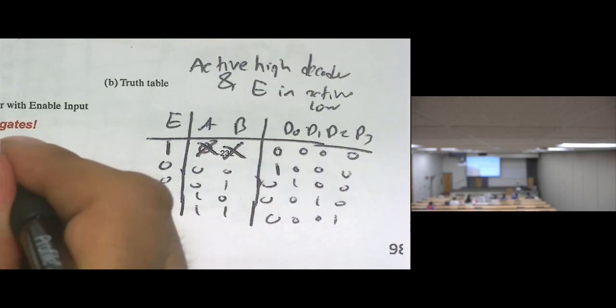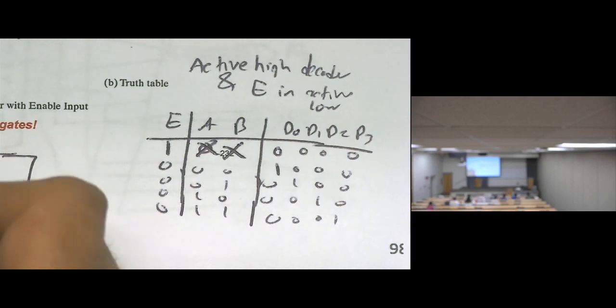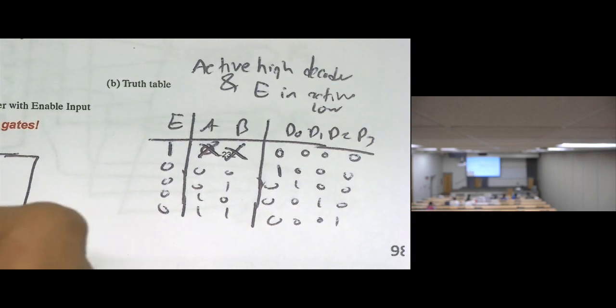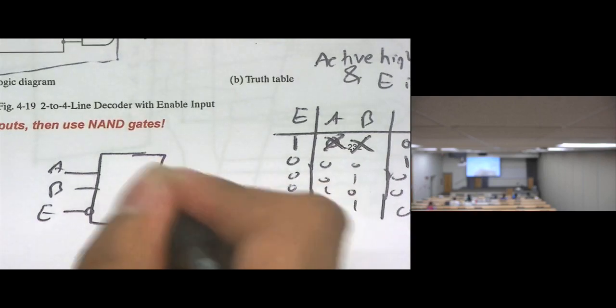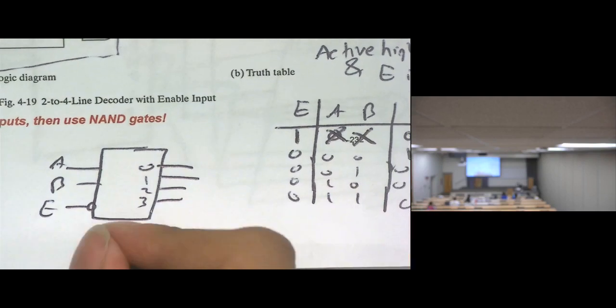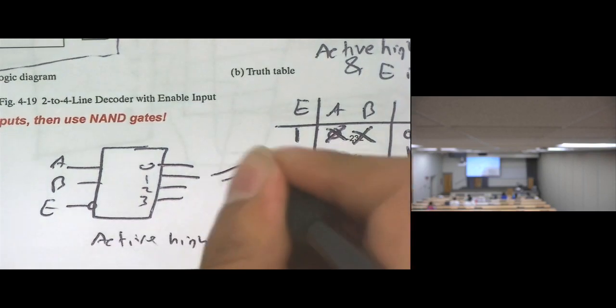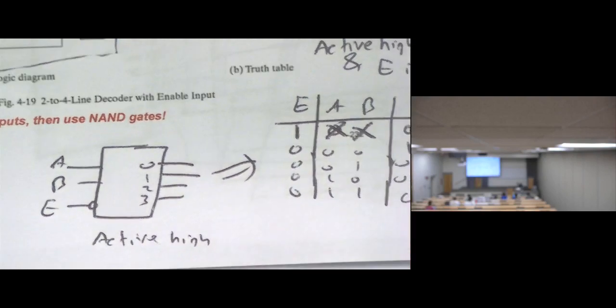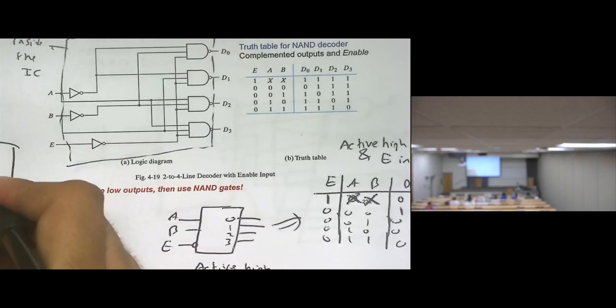Okay? How do we make this chip, or how would you represent this chip? Here is A, B. For the enable, we put a bubble because it's active low. Here is 0, 1, 2, 3. How about if it is active low, how will the representation be?